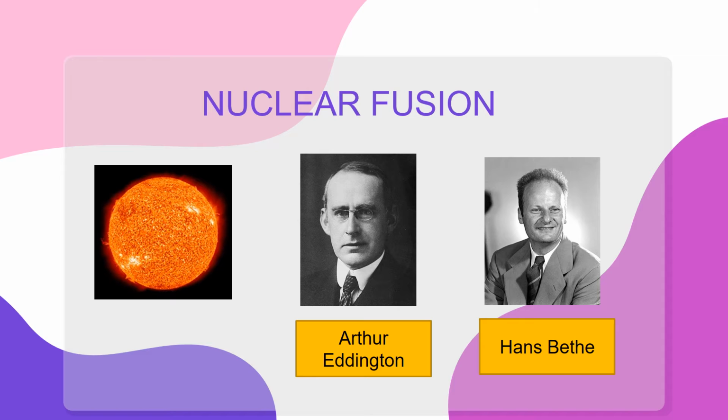In 1920, Arthur Eddington proposed that nuclear fusion might explain the enormous energy output and longevity of stars. In 1939, Hans Bethe proposed a route of making helium from hydrogen elements that are known to be dominant in the Sun.